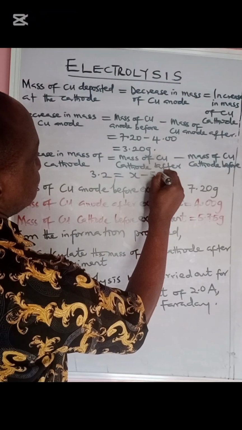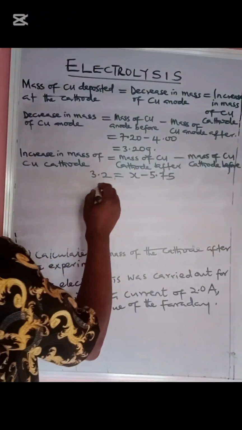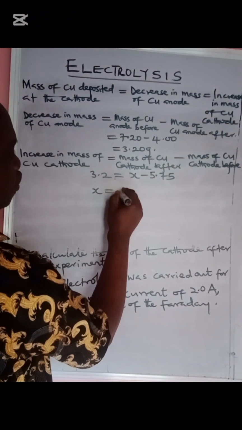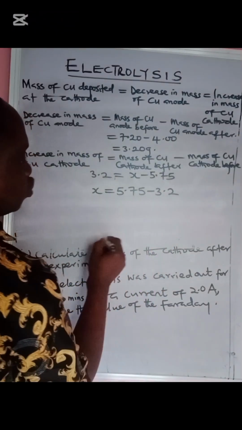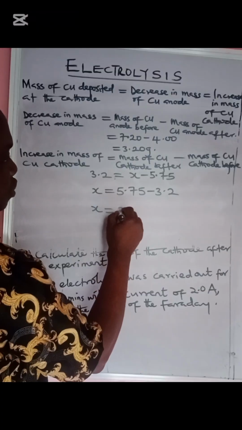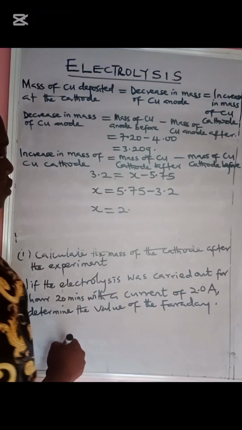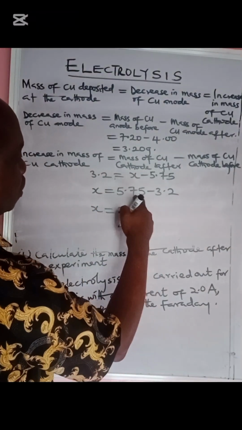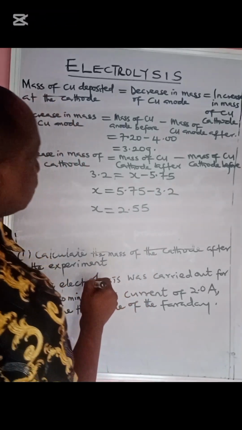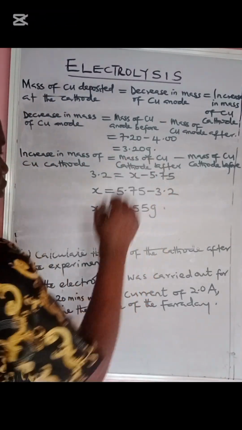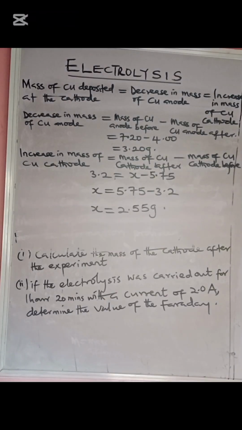So X is equal to 5.75 minus 3.2. X will now be 2.55 gram. So that's the answer.